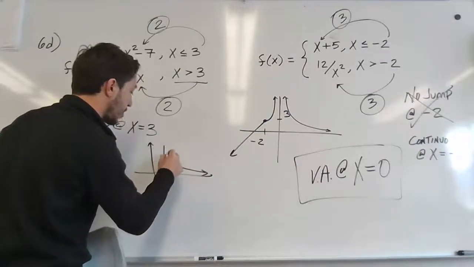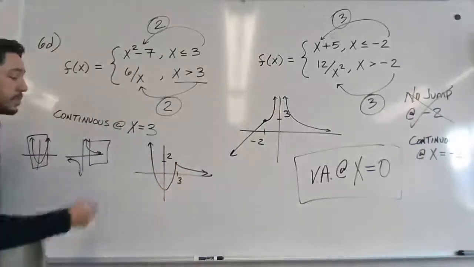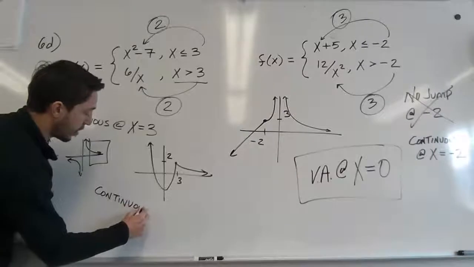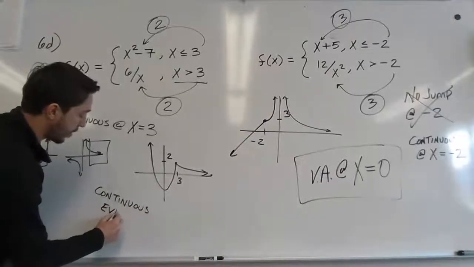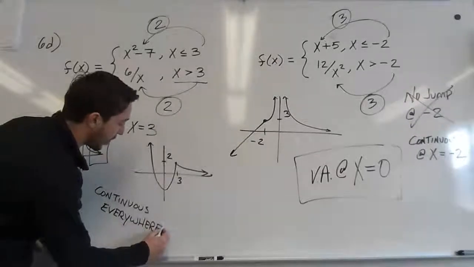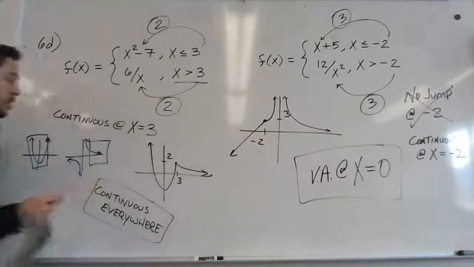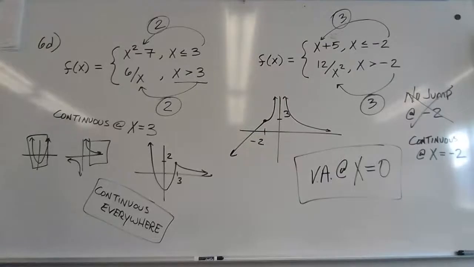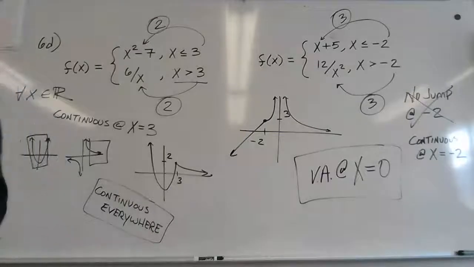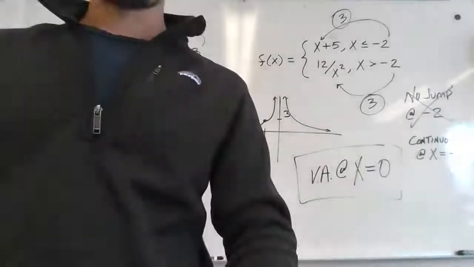So the answer to this question is it is continuous everywhere, or continuous for all x values. If you want to be really flexy, you could go continuous for all x values in the real numbers. And you'd really be flexing your brain wrinkles on everyone. Anyway, that's it for the day.